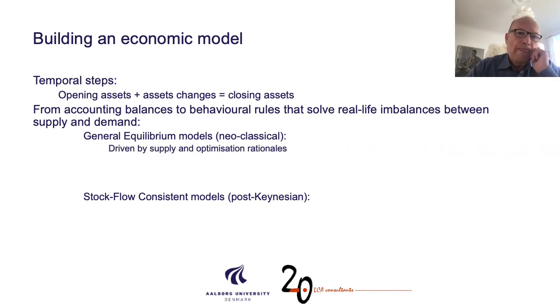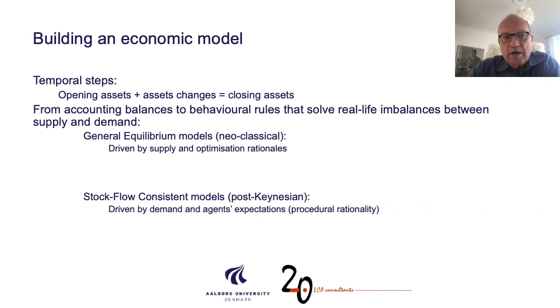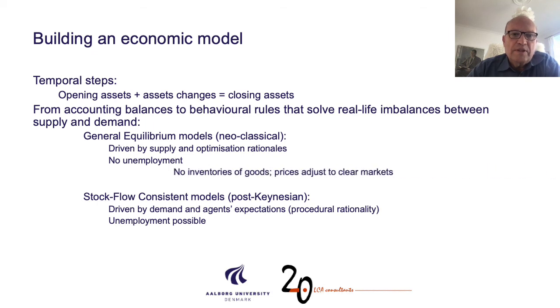Now, these are different in the sense that general equilibrium models are driven by supply and optimization rationales, while the stock flow consistent models are driven by demand and agents' expectations. So that's more what you could call a procedural rationality. In general equilibrium models, the assumption is that there is no unemployment, while this is possible in a stock flow consistent model.